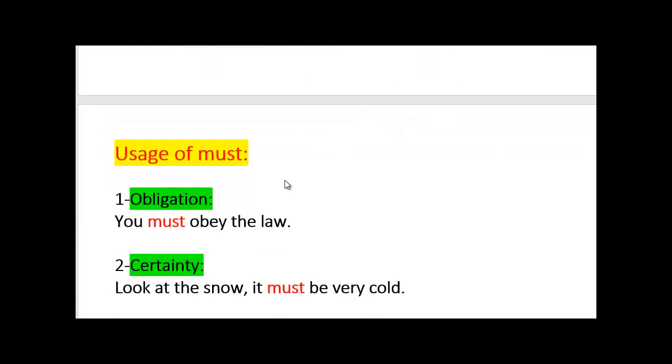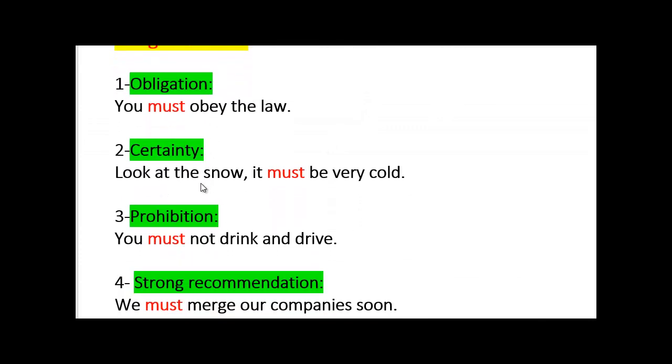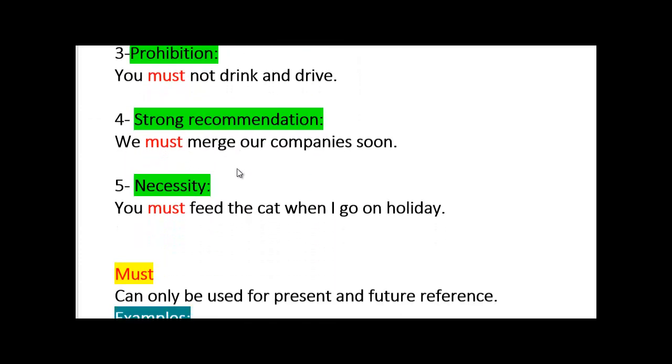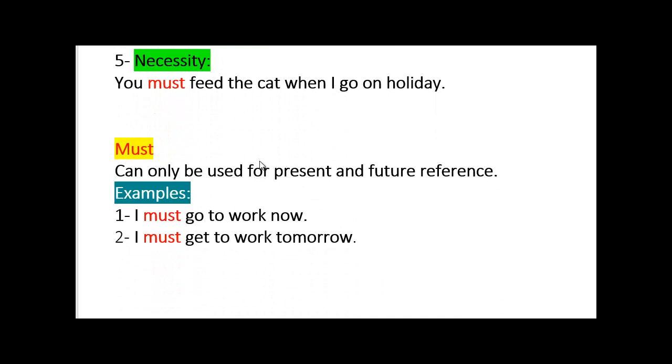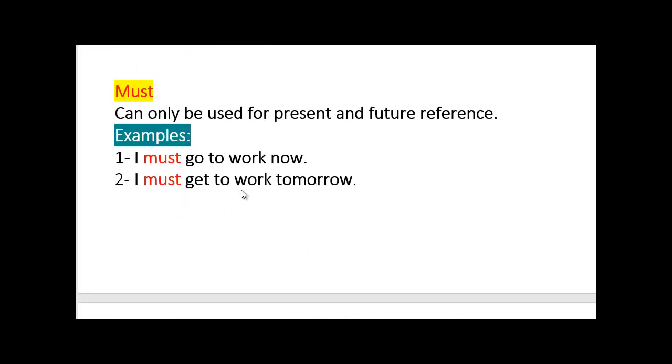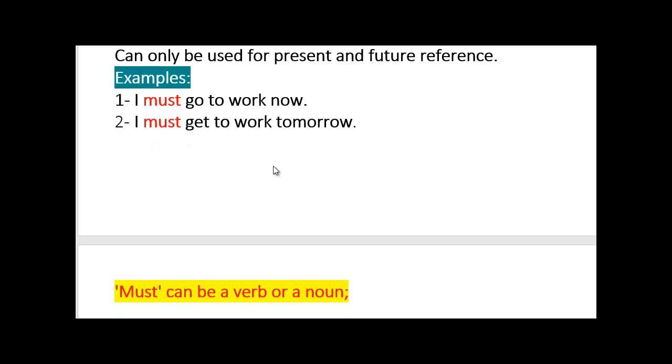And how we use must for obligation, uncertainty, prohibition, strong recommendation and necessity. And that must can be a verb, and it can be a noun, and it can give a reference to the present and to the future, as we've seen here.